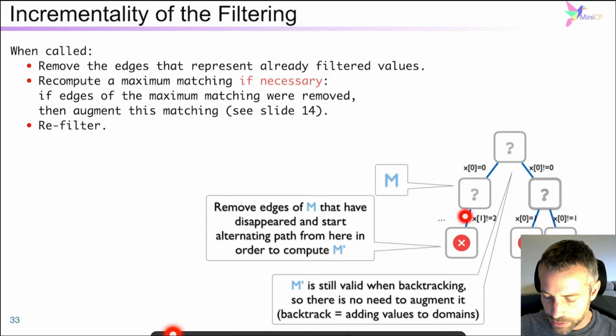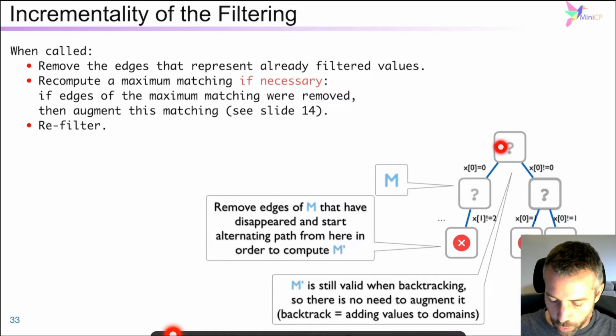Then, as a consequence of this and the fixed point algorithm and the subsequent removal of some other values, it's possible that some of the edges that were matched in the maximum matching do not exist anymore in the variable value graph. But still, some of them might still be valid ones. And so what you can do is, when you go down the search tree, you can simply keep the ones that are still valid and start from there and warm start the augmenting path algorithm and try to discover a new maximum matching for the feasibility check.